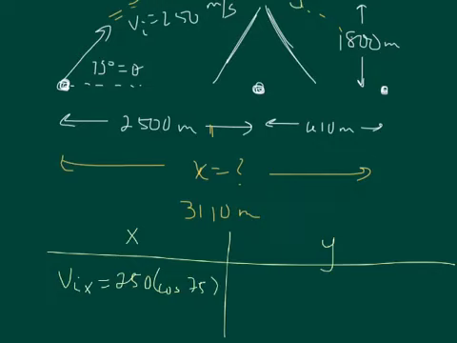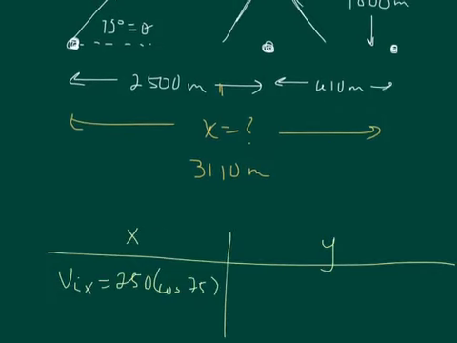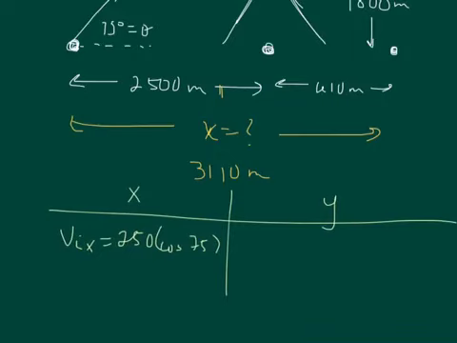What else in the x direction? Do I know anything else? We could make a statement, but we're not going to write it. What's that statement? In the x direction, something is always 0. Acceleration is always 0. You know that? We don't know x. That's what we're trying to determine. We don't know time. So we'll leave it blank for now. We can write those as question marks.